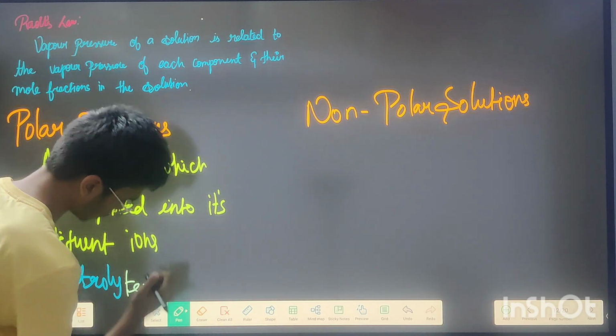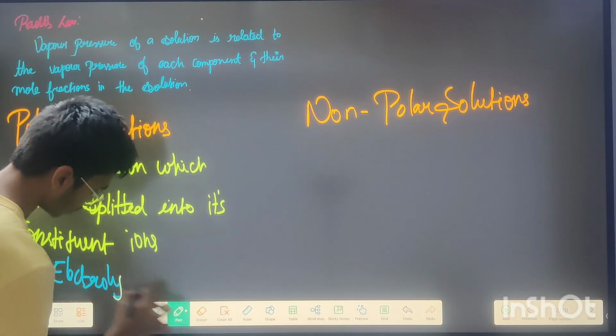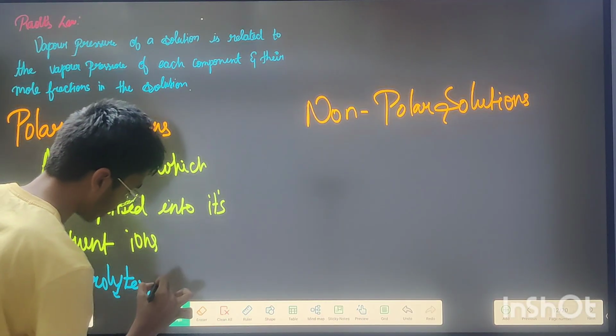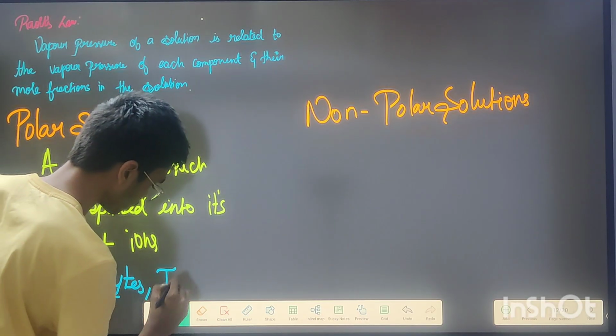Electrolytes can be given as an example, then ionic solutions.